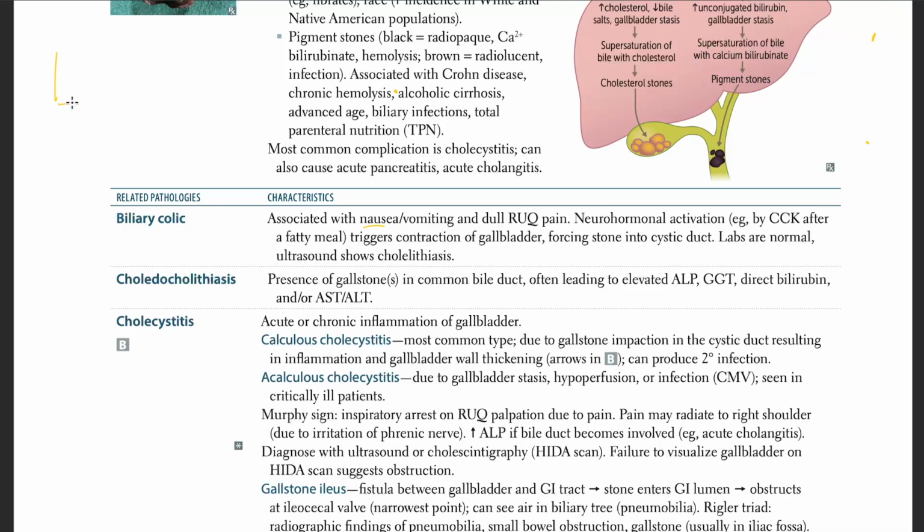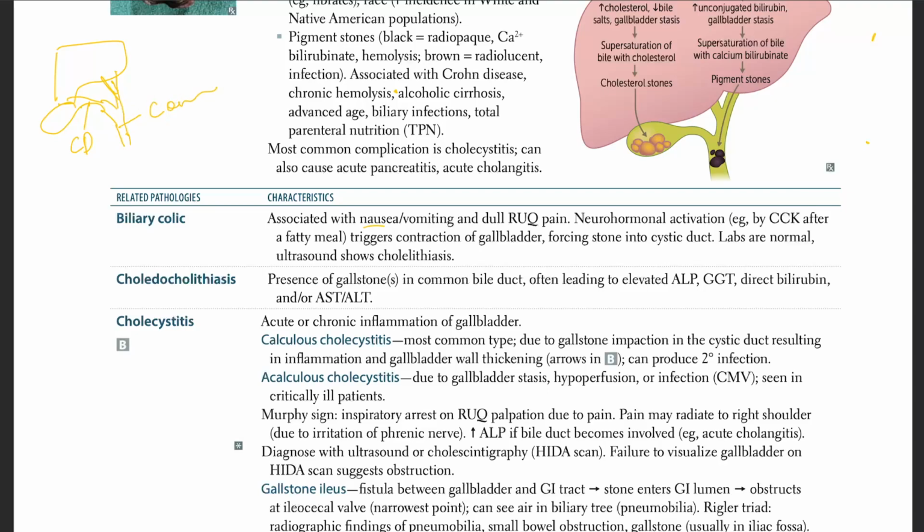So you have a liver and you have the gallbladder. From the gallbladder you have this cystic duct, and the hepatic ducts join together and form the common bile duct.